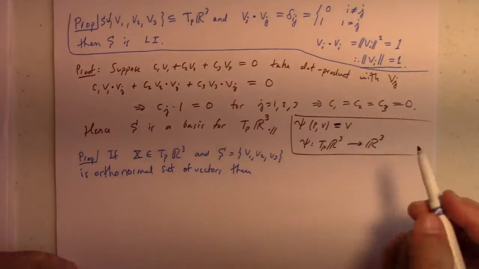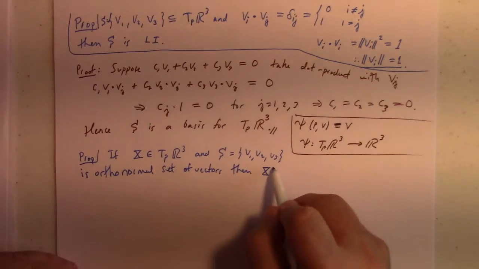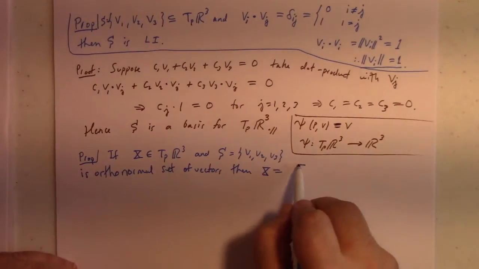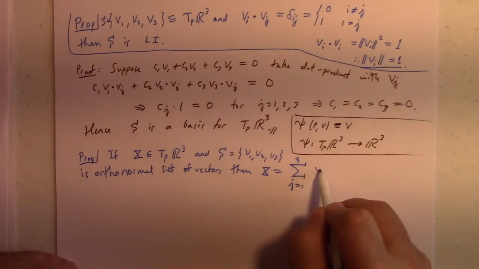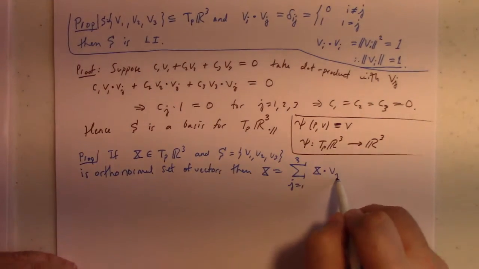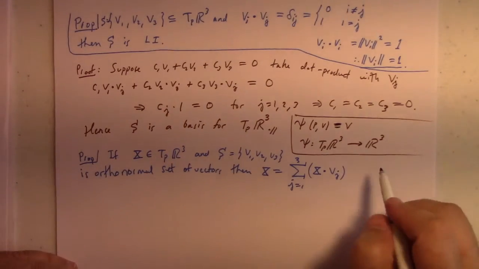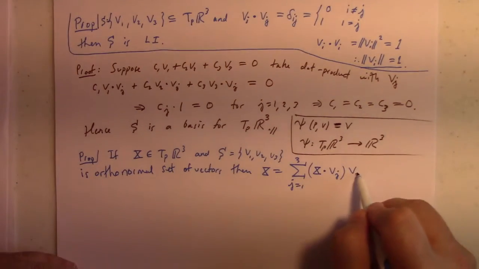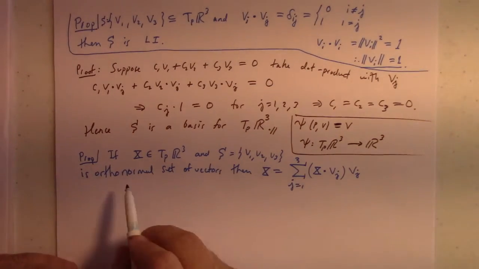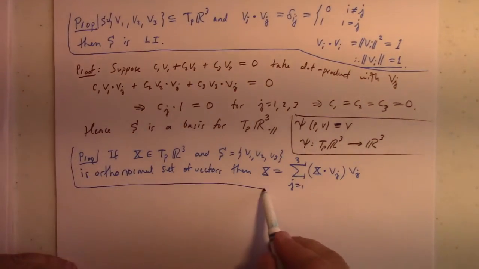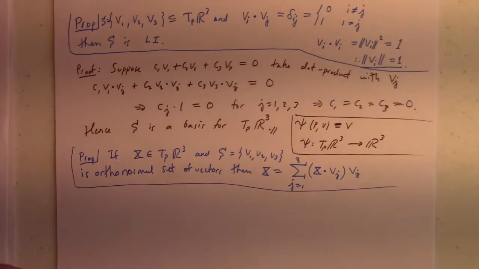Of course, in the tangent space to P of R3, then X is actually equal to, here's a nice formula for it, the sum j equals 1 to 3 of X dot Vj, Vj, just like that. Now, the proof of that is very simple.